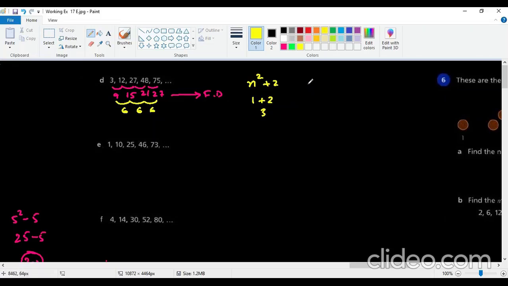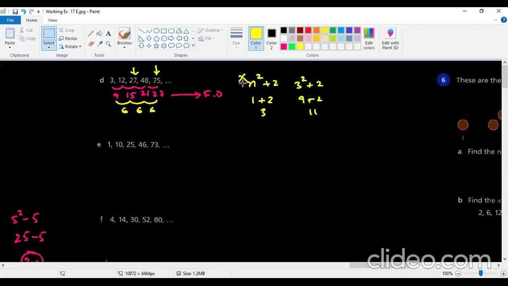Now when it comes to n square plus 2, if I take the third term, that means 3 square plus 2 is 9 plus 2, which is 11, which is wrong. So that means this term rule is not going to work.